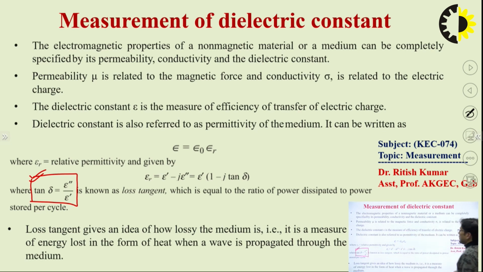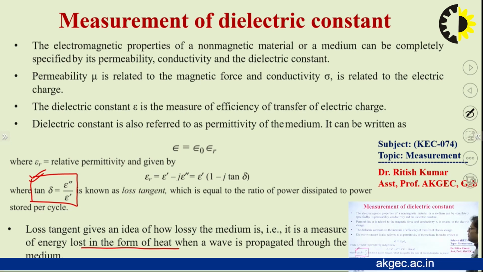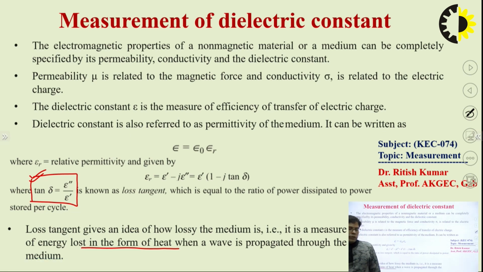Loss tangent gives an idea of how lossy the medium is. That is, it is a measure of energy lost in the form of heat when a wave is propagated through the medium.